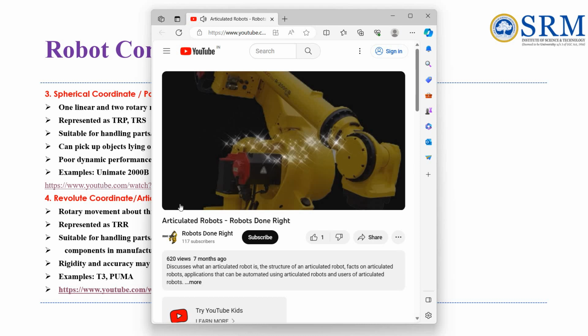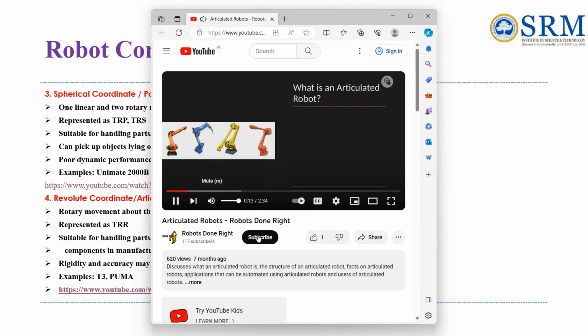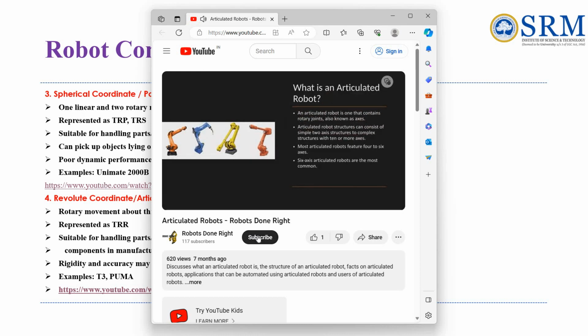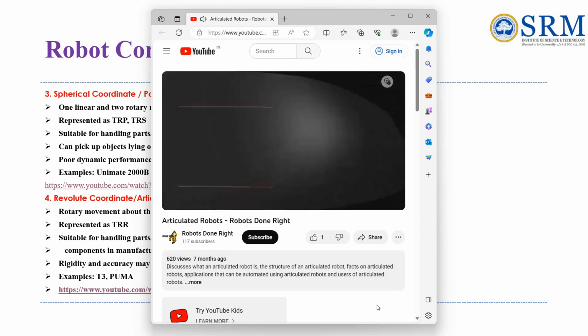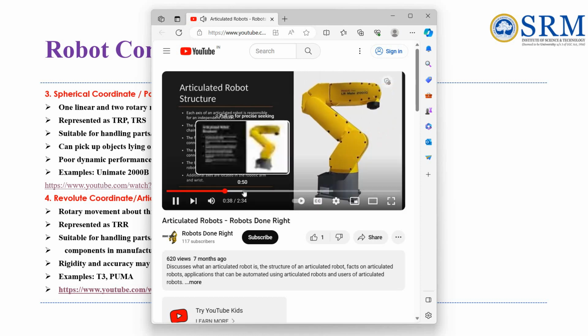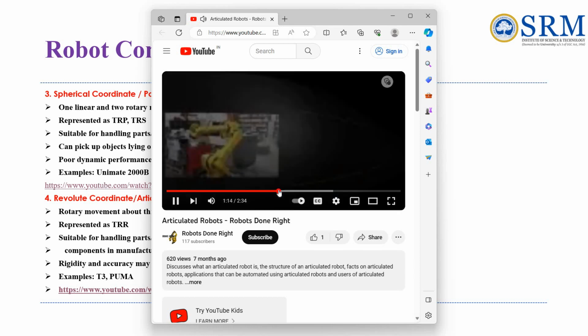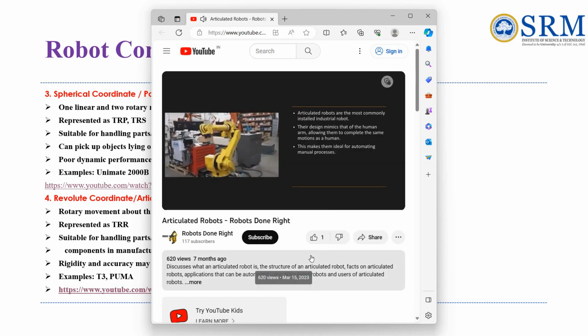These are articulated robots. You see the working here.